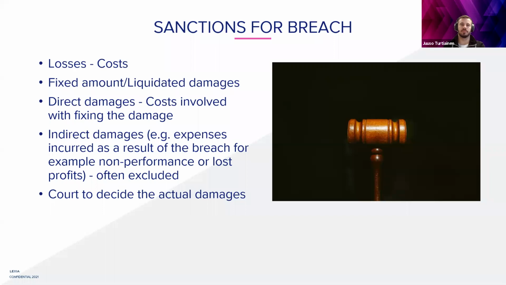It is quite essential to set out whether indirect costs or losses might be involved, as these are quite hard to quantify, and to show that this is an amount that, for example, a loss of profits that this breach has resulted to. So often indirect costs are taken out of the equation, and only direct costs and losses are covered under the sanctions.